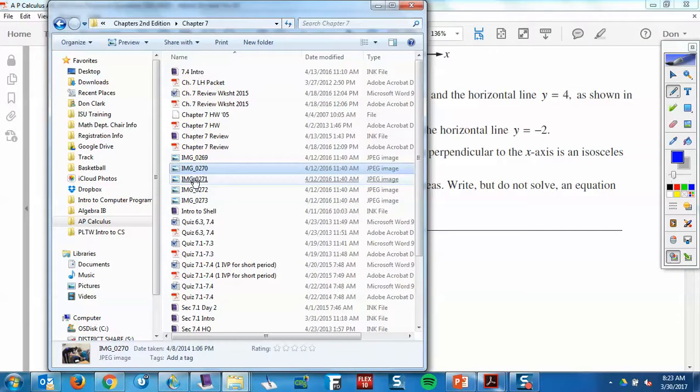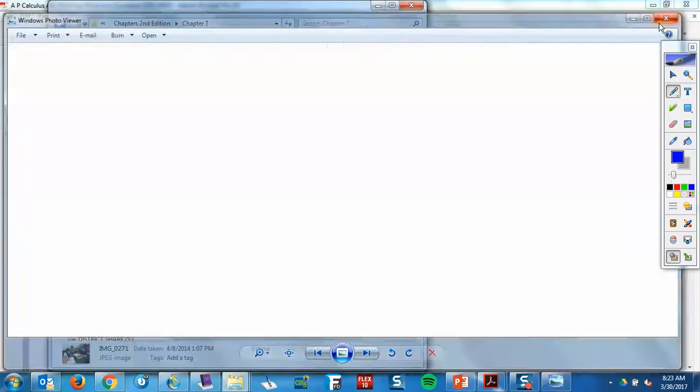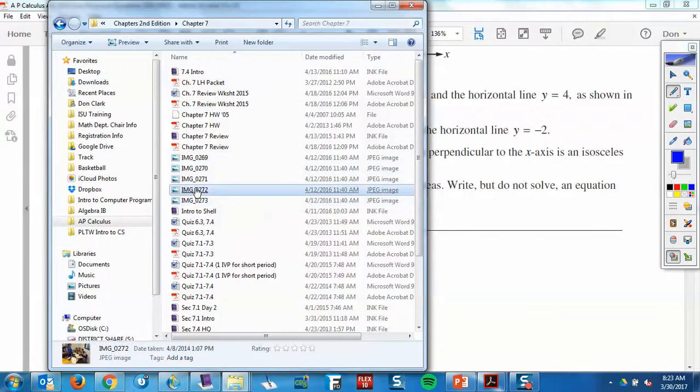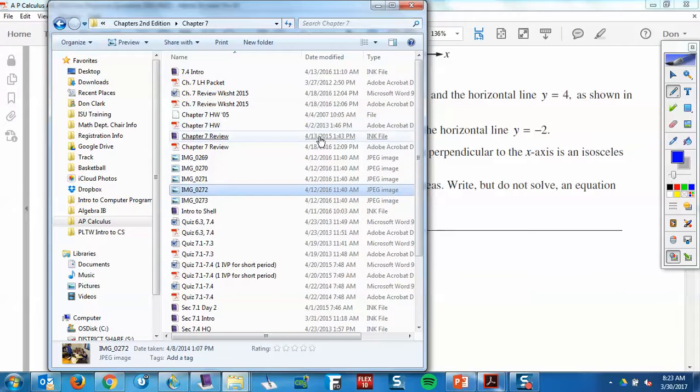That's not a very good picture. They look pretty thrilled. Pretty excited. Yeah, that group was having fun this last year.